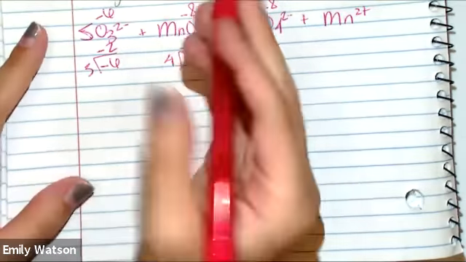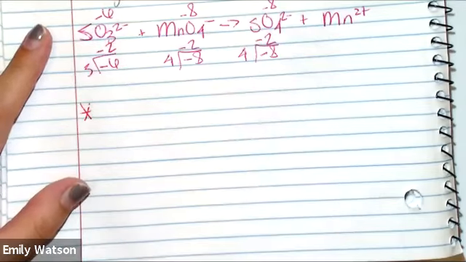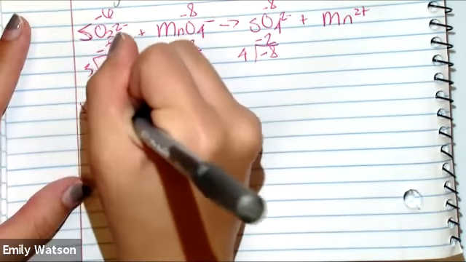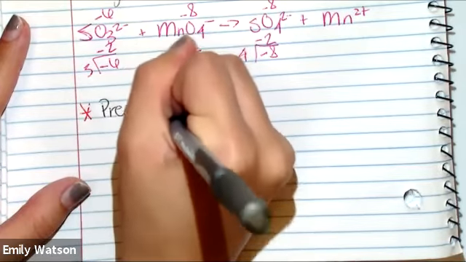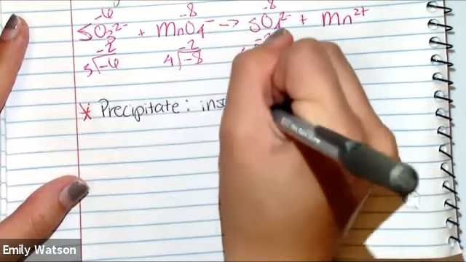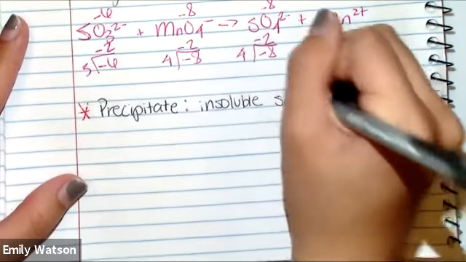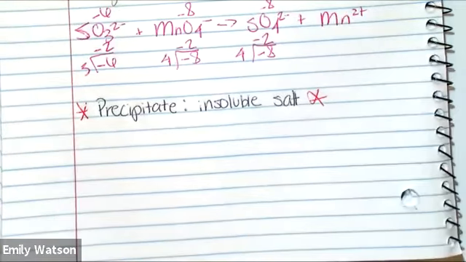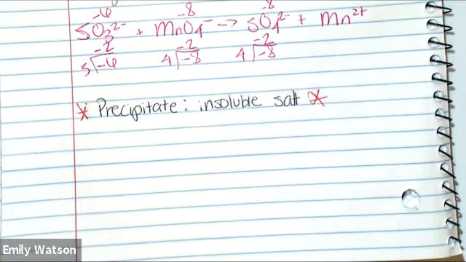So if you put something insoluble in water and dump it in, what's going to happen? It's just going to stay solid, float around, and eventually settle to the bottom.